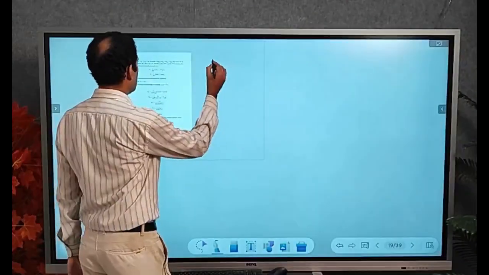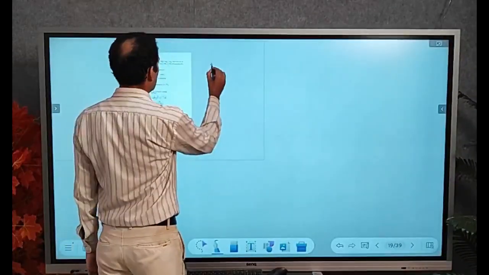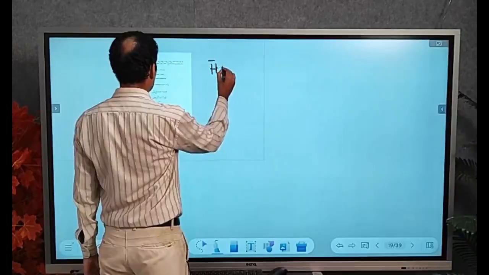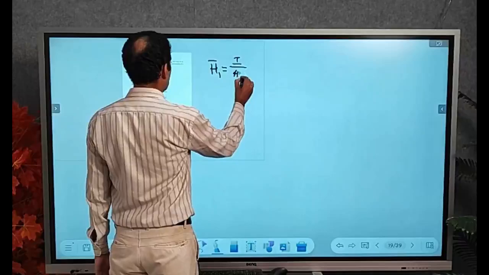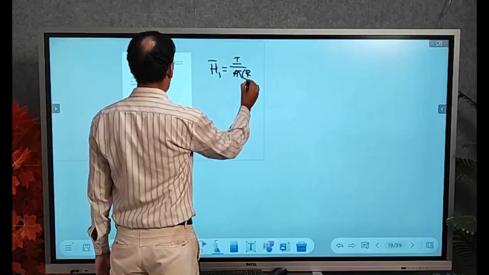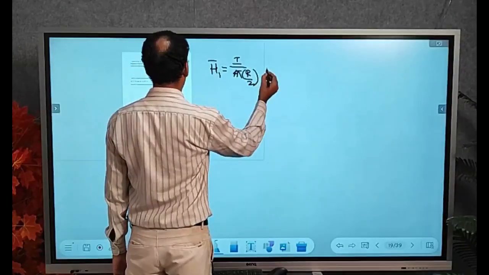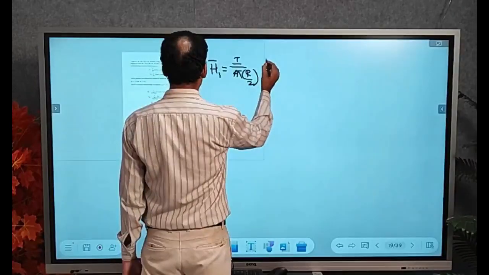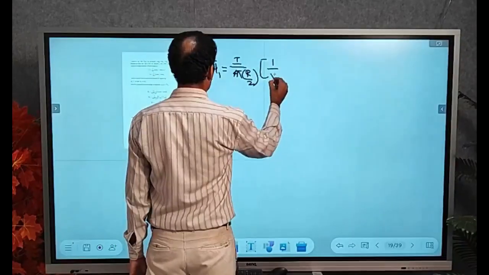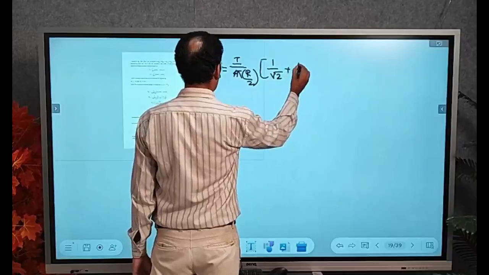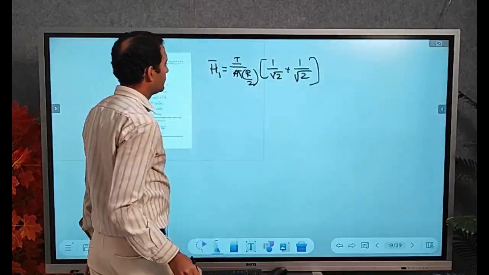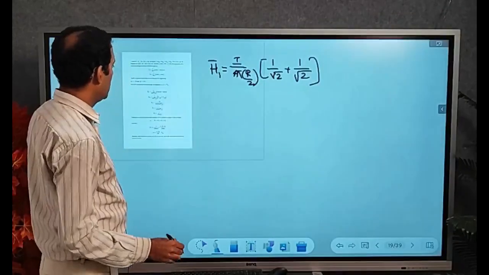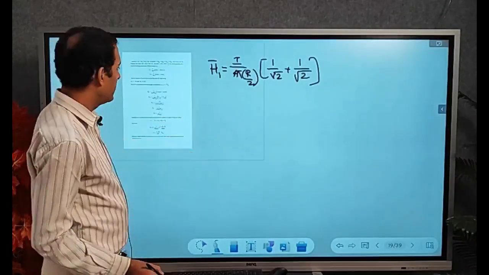If we give the value of sin 45, we get H1 equal to I upon 4 pi, r by 2, then 1 upon root 2 plus 1 upon root 2.